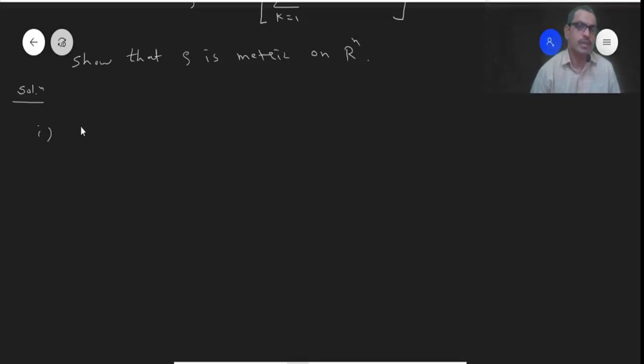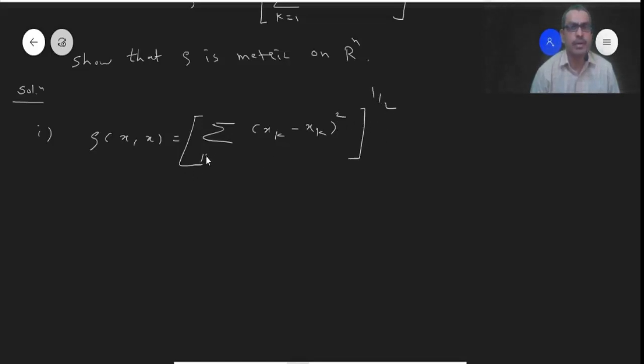The first condition of the metric space: for x equal to y, we write rho of x, x is equal to the summation of (xk minus xk) squared, raised to half, with k from 1 to n.